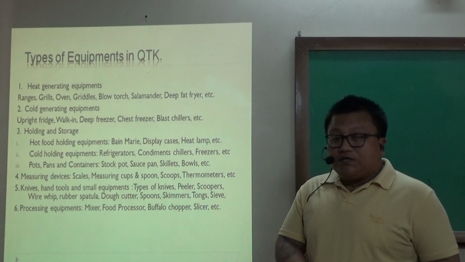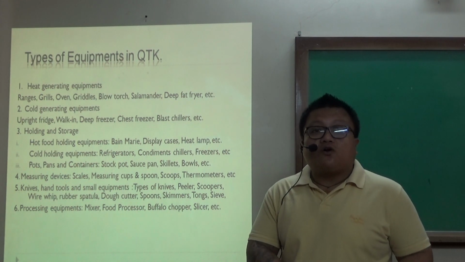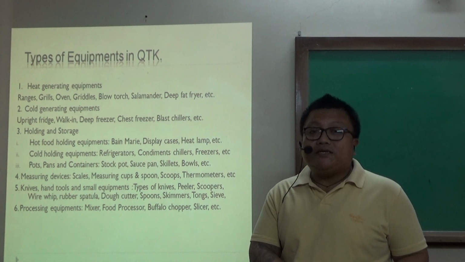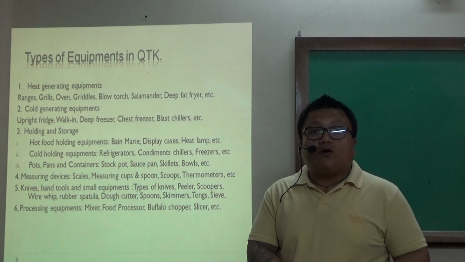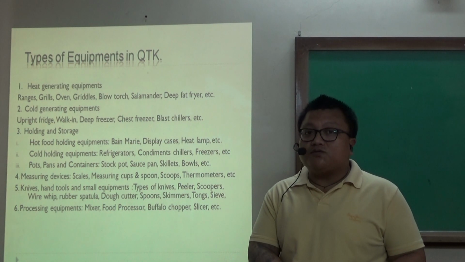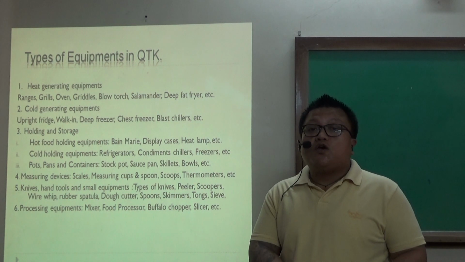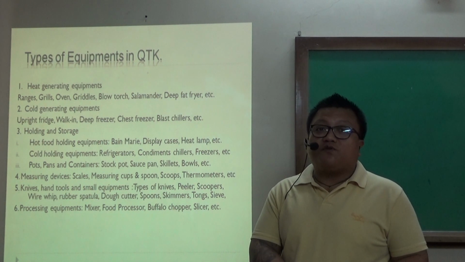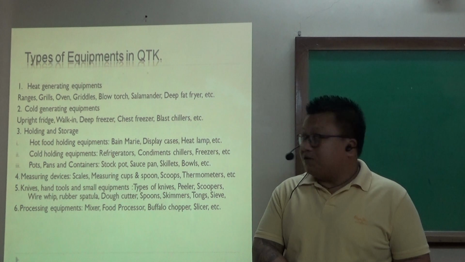Pots, pans and containers are used for cooking in different kitchens, as well as in quantity kitchens. We basically use different types of pans and different types of utensils for different preparations, styles and techniques of cooking.